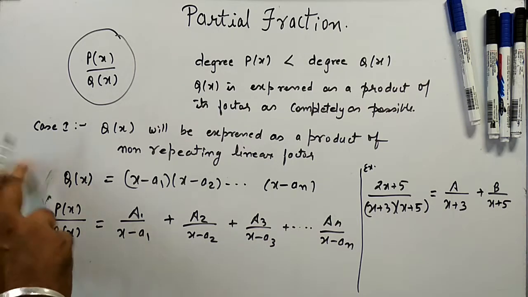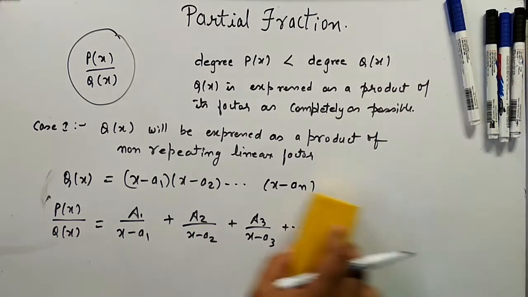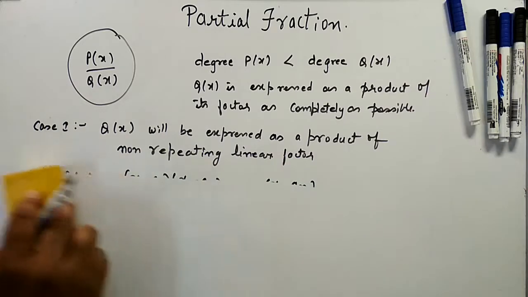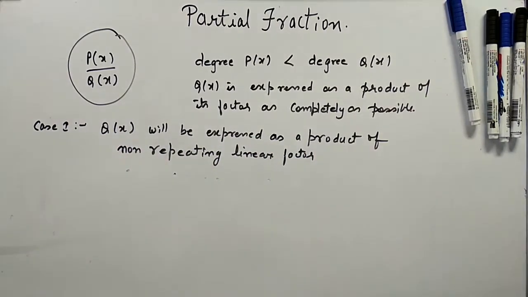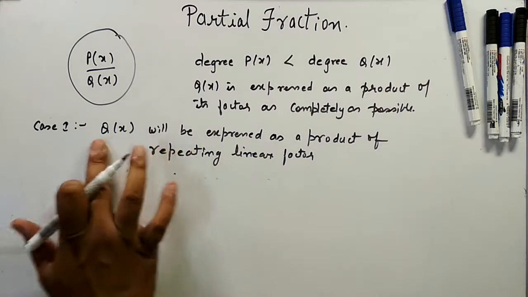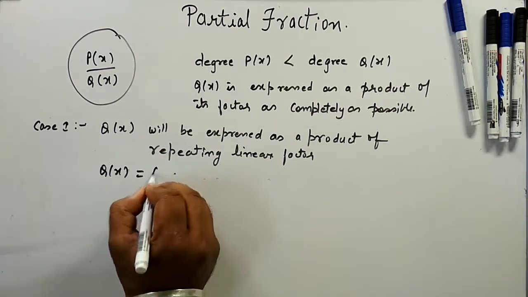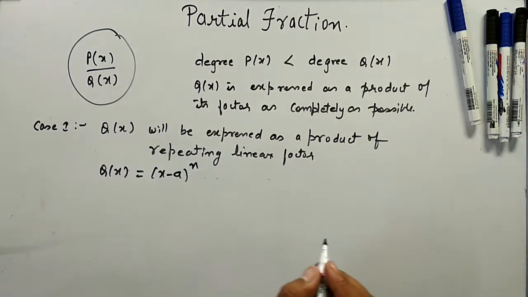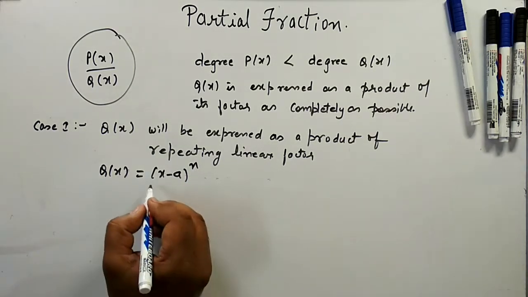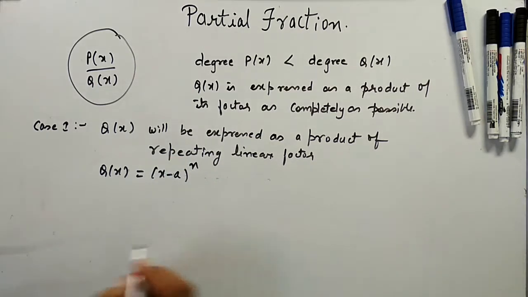Now I am discussing case 2. In case 2, q of x will have repeating linear factors, that is, q of x will be equal to x minus a to the power n.